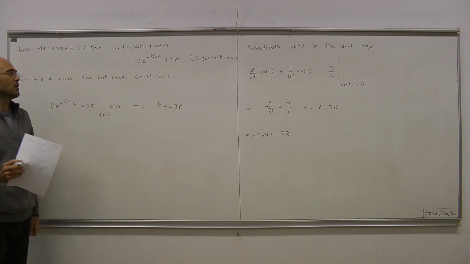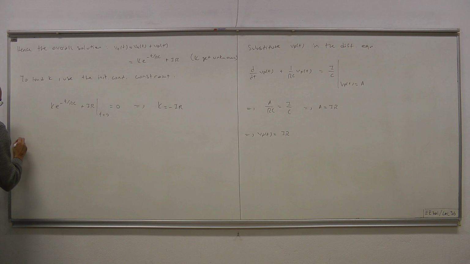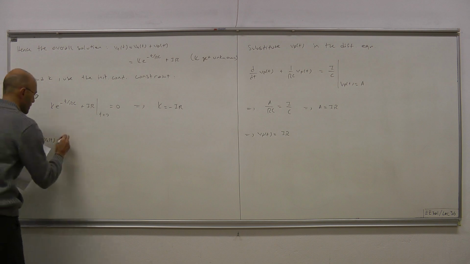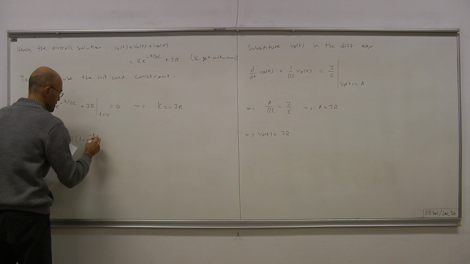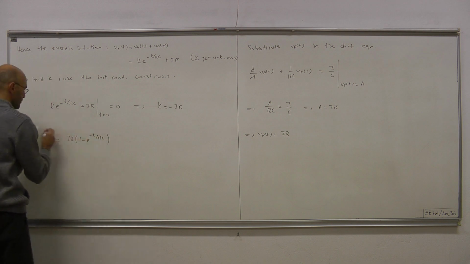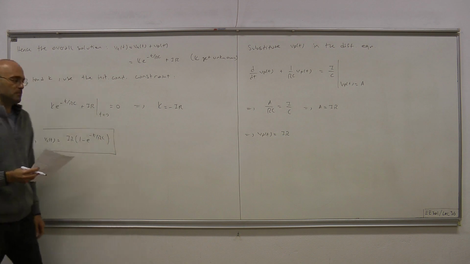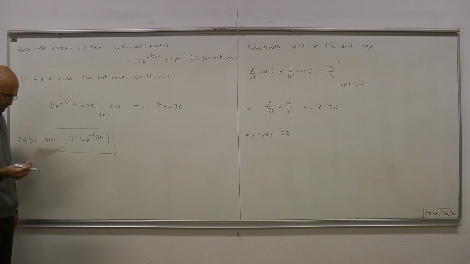Now everything is determined. So finally, Vc(t) has to be IR times (1 minus e to the minus t over RC). This is the zero state response to the constant input for our circuit.